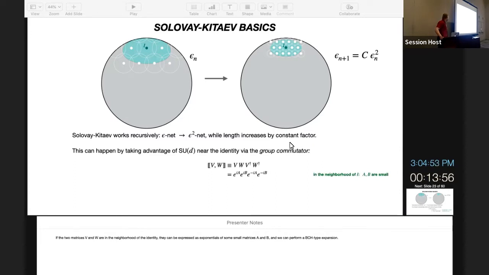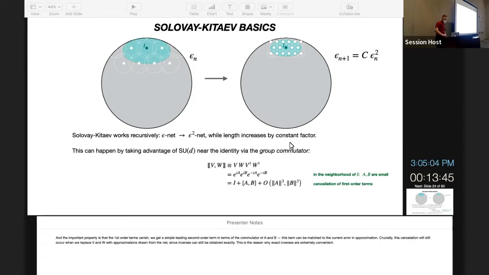When I'm close to the identity, I can express these unitaries as exponentials of small matrices, and do a physicist's favorite trick, a perturbative expansion of BCH type. The key fact is that the first-order term vanishes, because every operator comes with its inverse. The leading order in A and B is quadratic, and this is the key to the Solovay-Kitaev recursion.